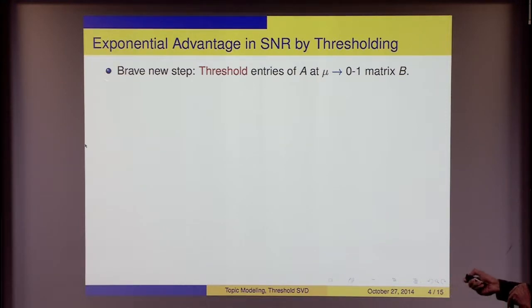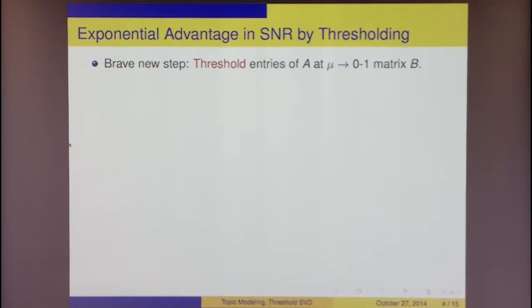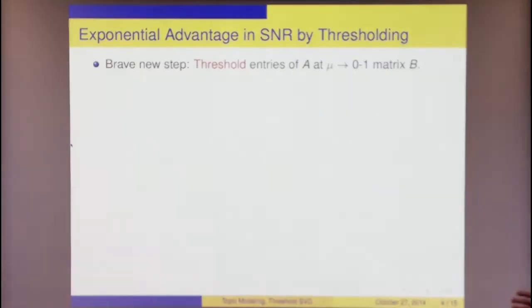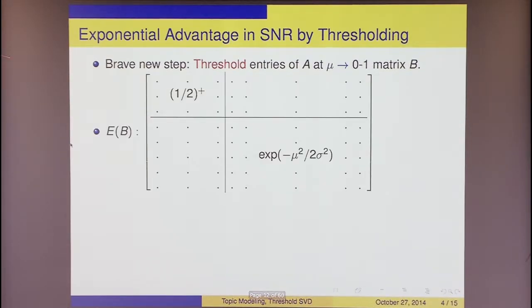I'm going to introduce, I call it a brave new step, half in jest, of course, neither brave nor new. You just threshold entries of A at mu. So you make them 1 if it's greater than mu, make them 0 if it's less than mu. This is a rather trivial and simple statement. We'll see that it buys us something. So what happened now?